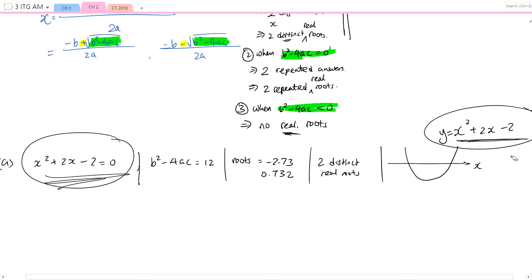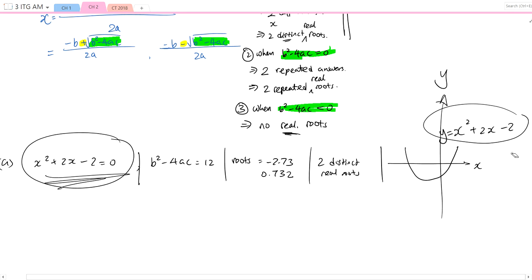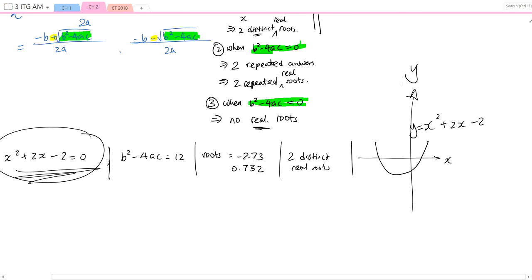So originally, when I have an equation like this, I can sketch, right? And my graph should look like this with a y-axis. So these are my two roots, negative 2.73, and this will be 0.732, and this is my equation with a minimum point that I always must label. This is my complete graph.